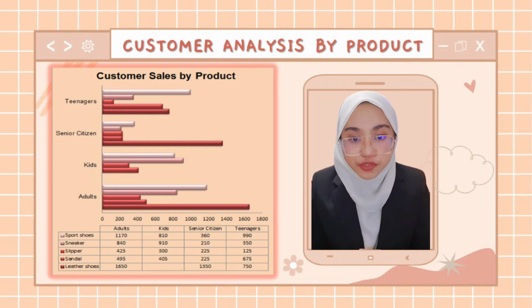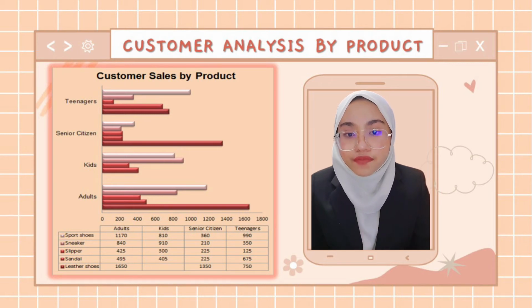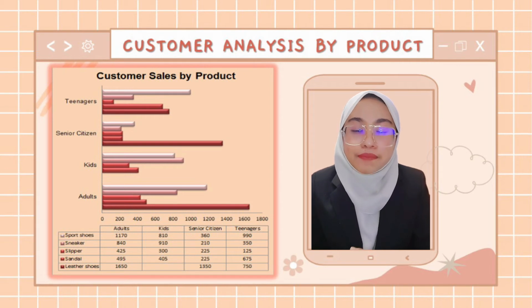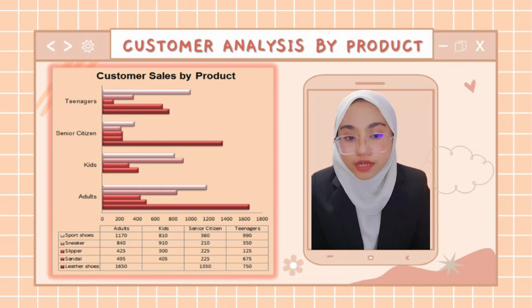Next, for the sport shoes, the Johor branch recorded the highest sales of the product by the teenagers, with total sales of 540 ringgit Malaysia, and we can see in the bar chart that both Terengganu and Perak branches recorded the lowest sales, with total sales of sport shoes of 90 ringgit each.